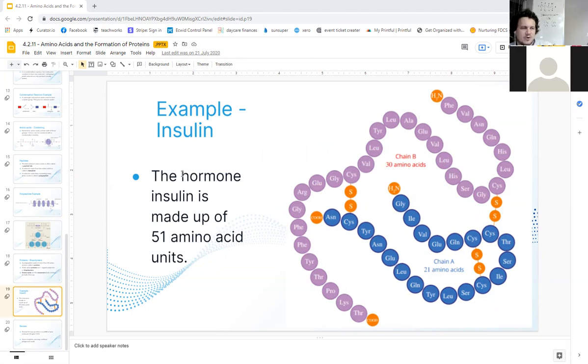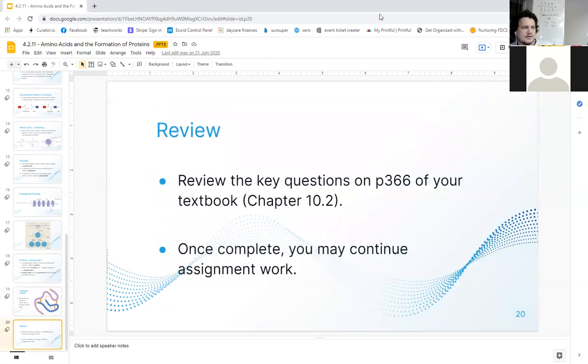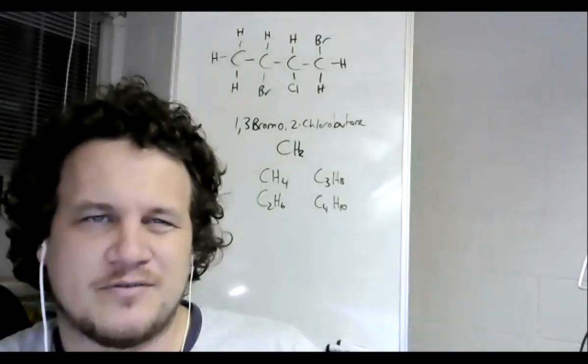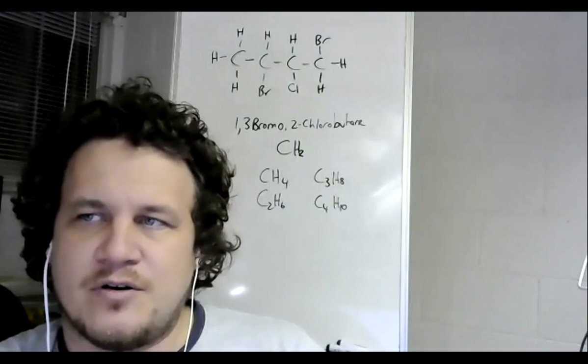It's made up of 51 different amino acids. So it's a biopolymer made up of 51 amino acids. Proteins can get up to thousands of amino acids. Just depends on what they are, really. Any questions on amino acids? It's fairly self-explanatory. It's fairly simple, not overly complicated.